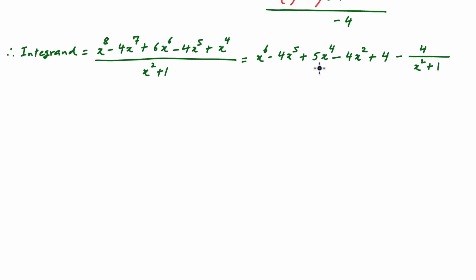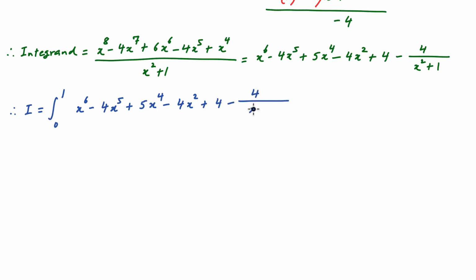Now this is a fairly straightforward integral to calculate. I is equal to the integral from 0 to 1 of x raised to the power 6 minus 4 times x raised to the power 5 plus 5 times x raised to the power 4 minus 4x squared plus 4 minus 4 divided by x squared plus 1 dx.